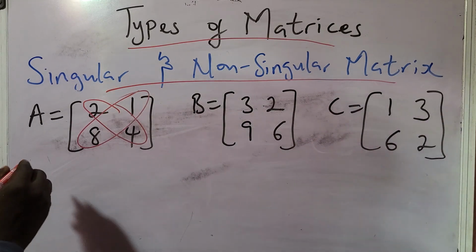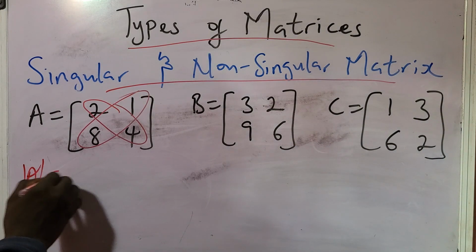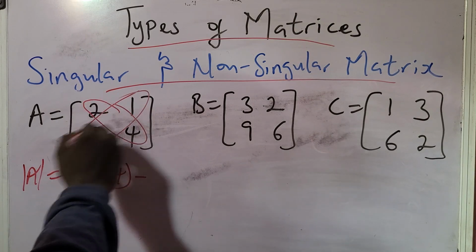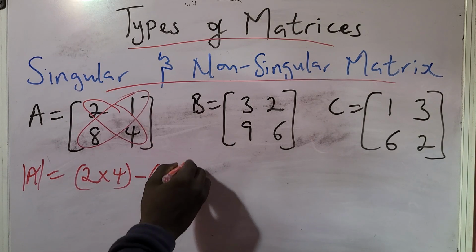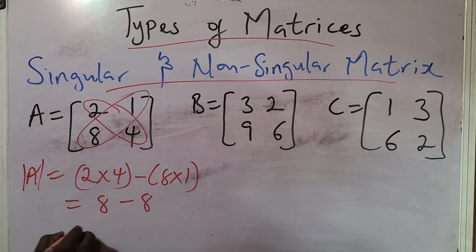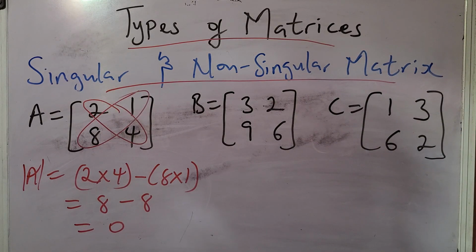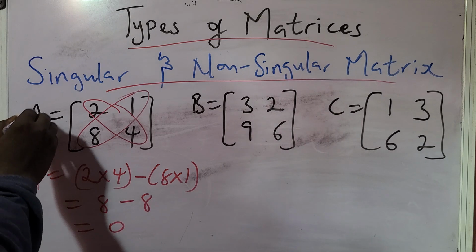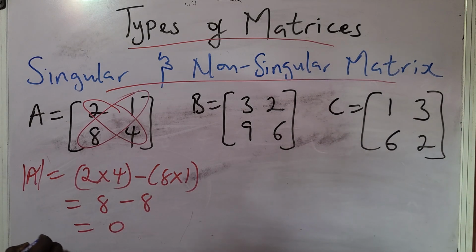So we have the determinant being 2 times 4 minus 8 times 1. This will be 8 minus 8. This is 0. Therefore, we conclude that matrix A is singular.